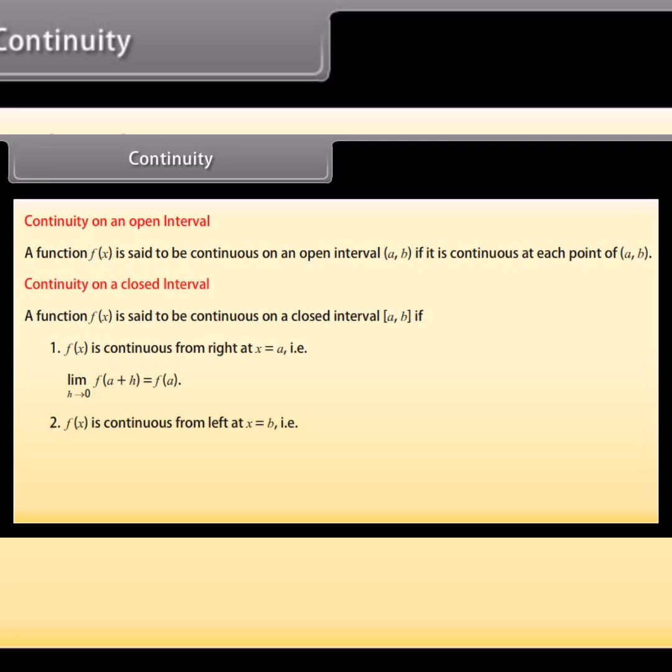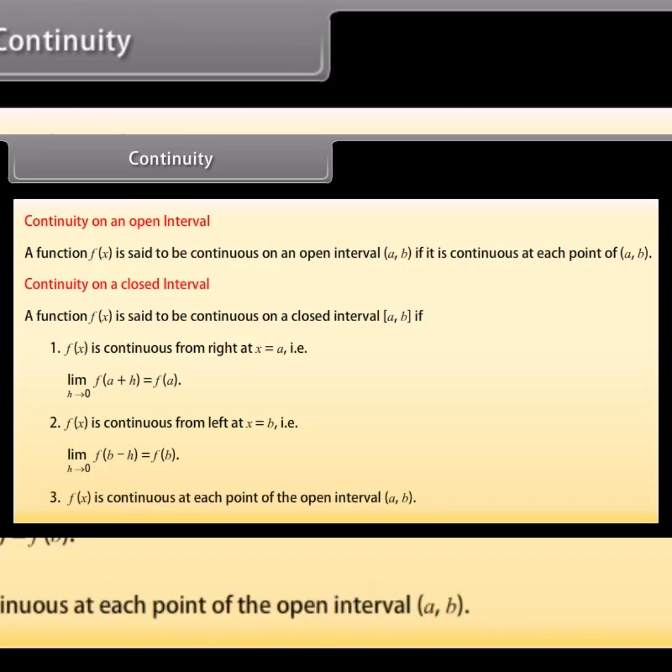F of x is continuous from left at x = b. That is, limit h approaches 0 of f of b minus h is equal to f of b. 3. F of x is continuous at each point of the open interval (a, b).